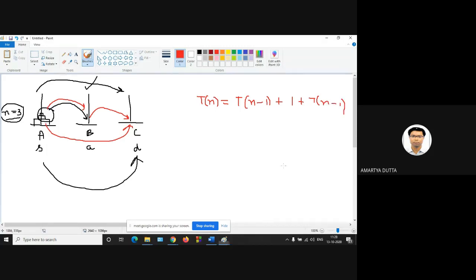Okay, so what will be the recurrence relation? 2T of n minus 1 plus 1. So this is the recurrence relation for Tower of Hanoi.